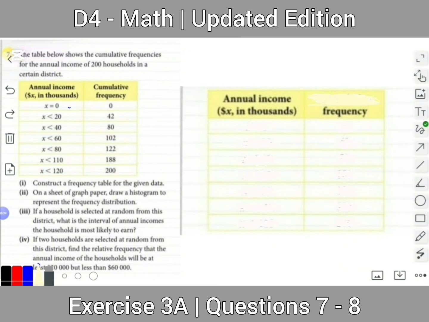Here we are provided with the cumulative frequency table. From the cumulative frequency table, we have to construct the frequency table. First, we identify the class intervals from the cumulative frequency table. The class intervals will look like this.